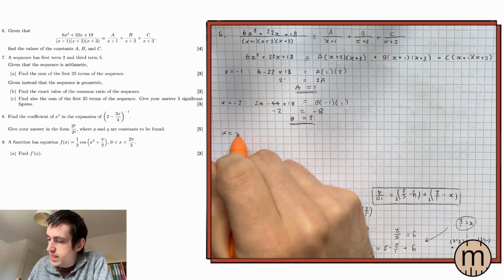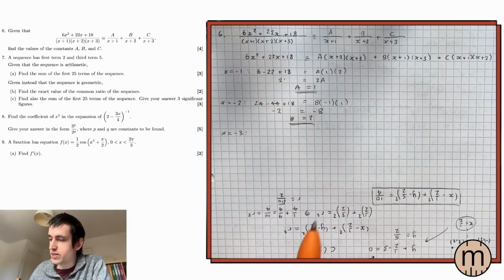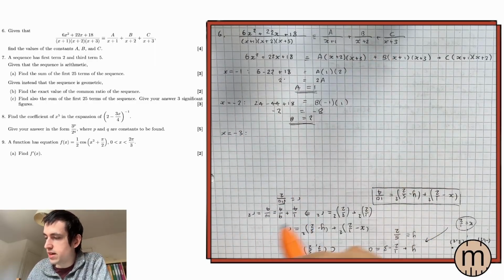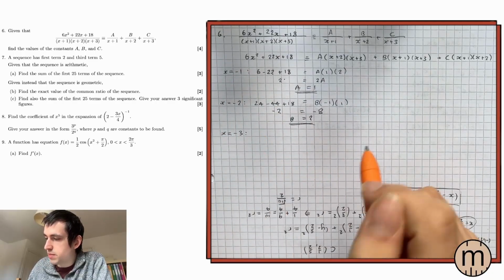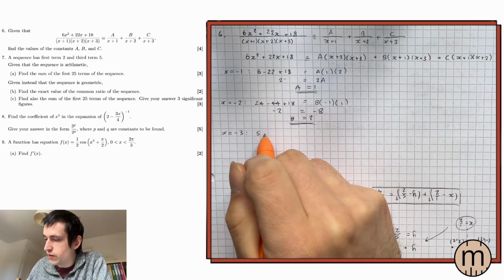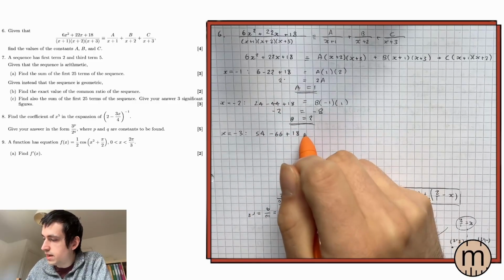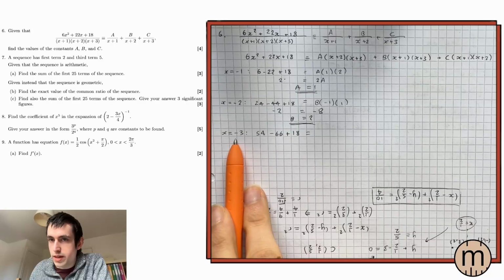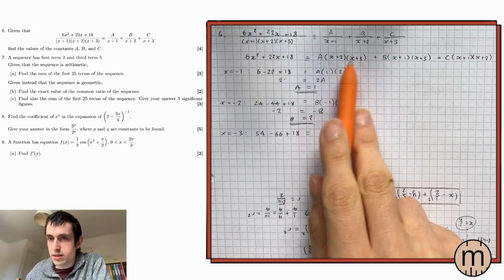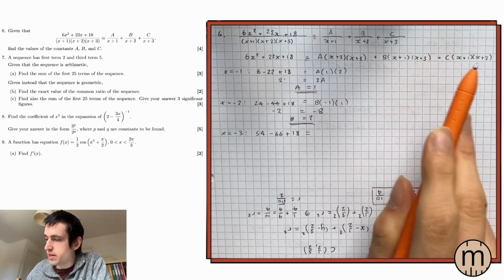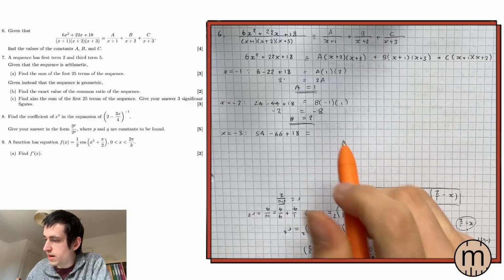We repeat the process again. x is equal to minus 3 for the third denominator, and then we sub it in. So this time we've got 6 times minus 3 squared, so 6 times 9, so 54, minusing 66, and adding on 18. x equals minus 3. Look out for the x plus 3 brackets. Swoosh, swoosh, disappears. All we'll be left with is this one over here.